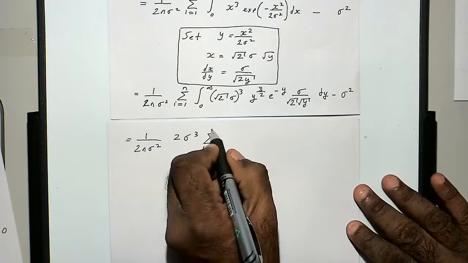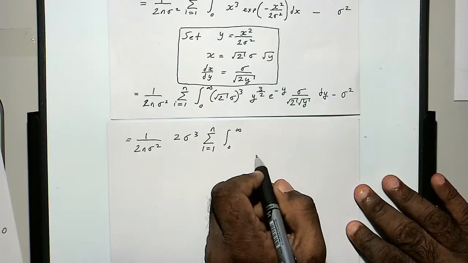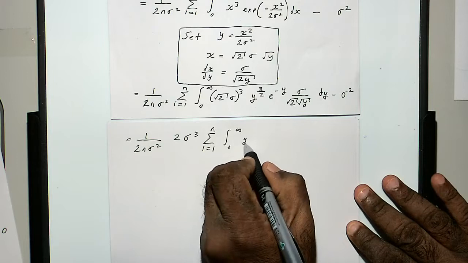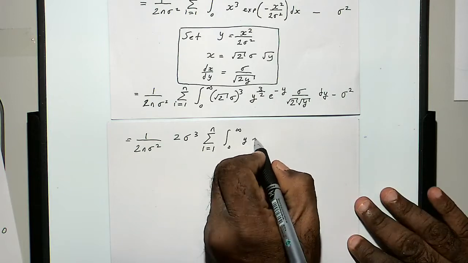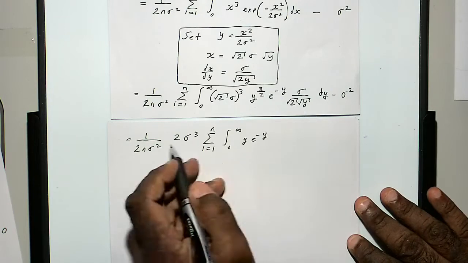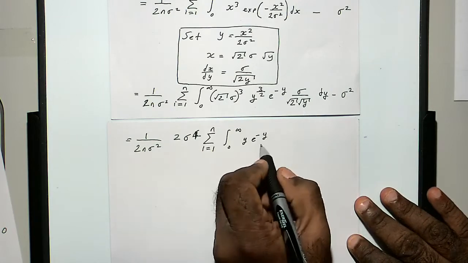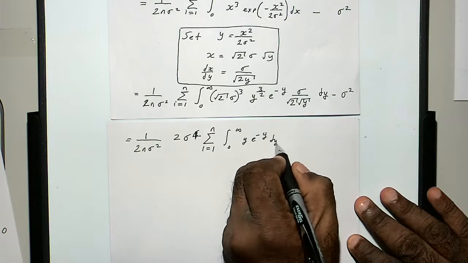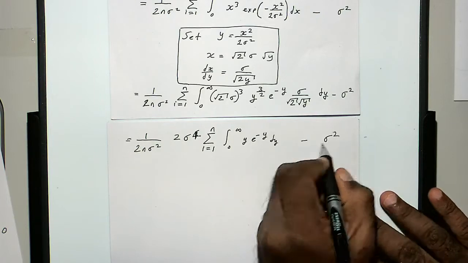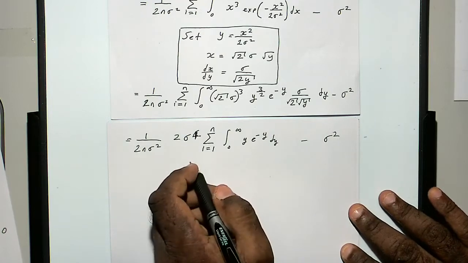Then you have sum 0 to infinity of y e to the power minus y. There's a sigma here too, so actually this will be sigma to the power 4, dy, minus sigma squared. Right? Are you following me? All right, are you guys with me or what?